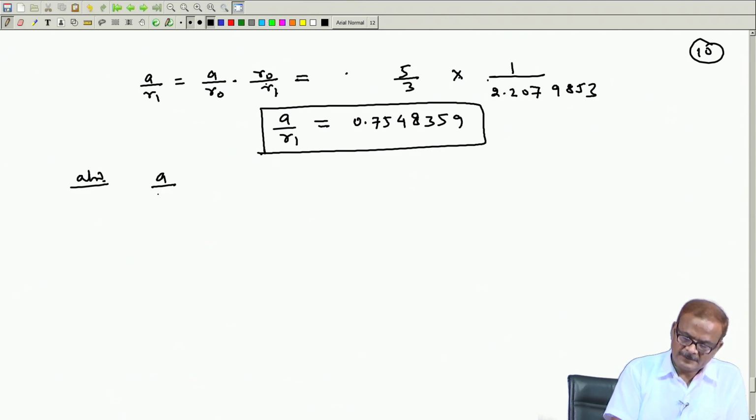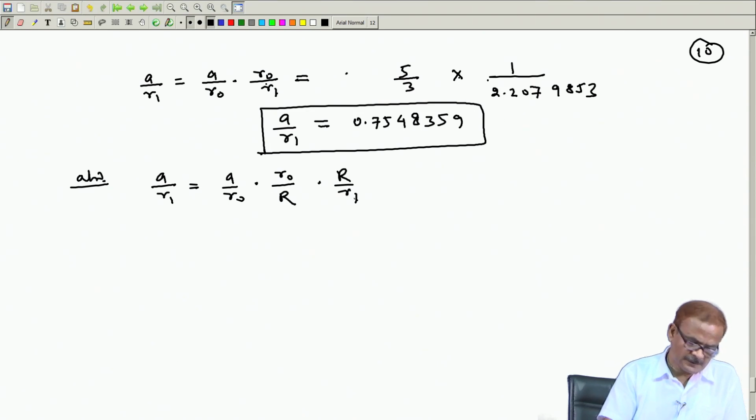Also, we can write A by R 1 equal to A by R 0 times R 0 by R 1. A by R 0 is 5 by 3, R 0 by R was given to be 2. So, this is R by R 1.